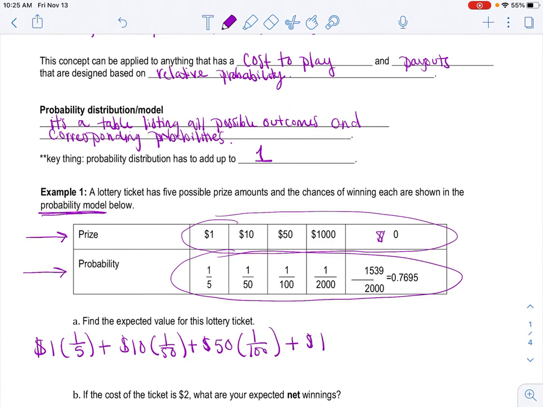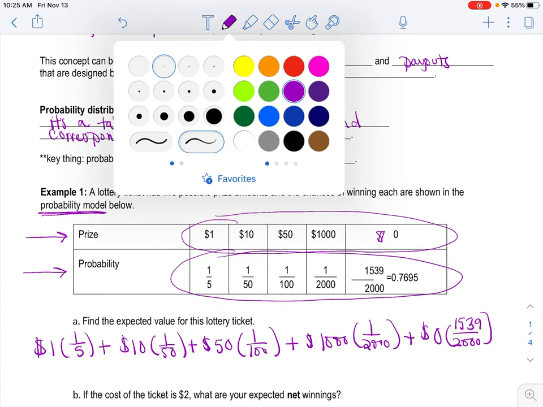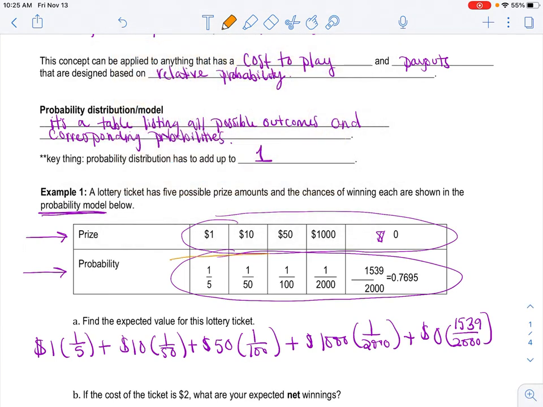And then it's $1,000, and it's a 1 in 2,000 chance of winning that. And then what do you know? It's a really big chance to win nothing. That's how they get us. Now, I want to make sure we're clear that if I took the time to add all of these probabilities together, it will equal 1.